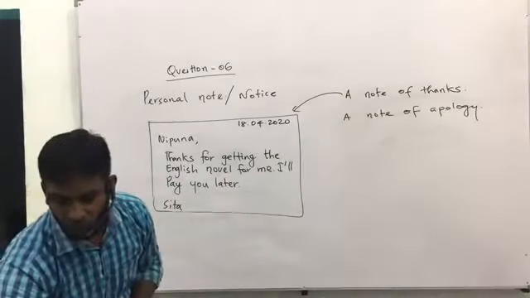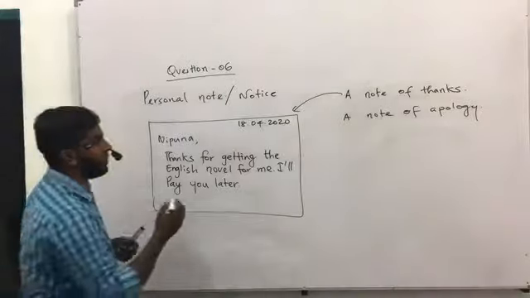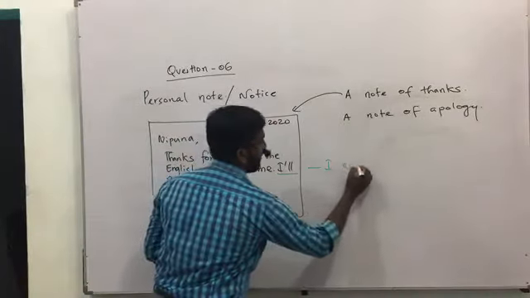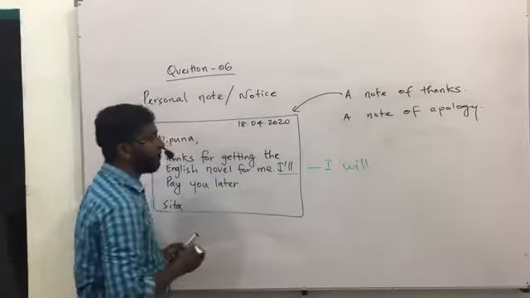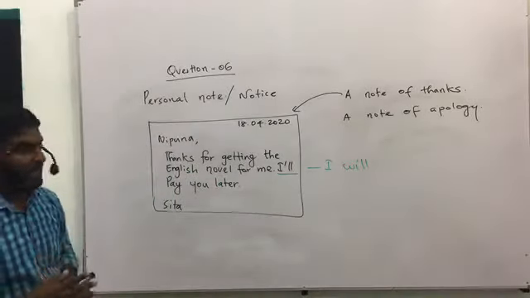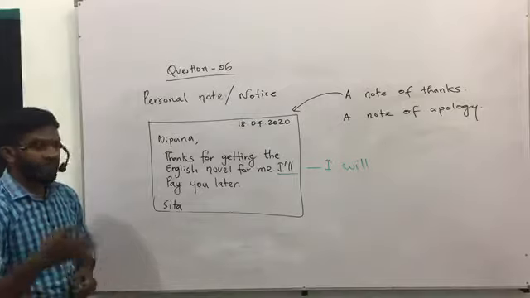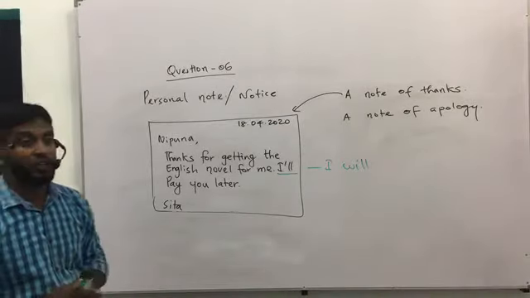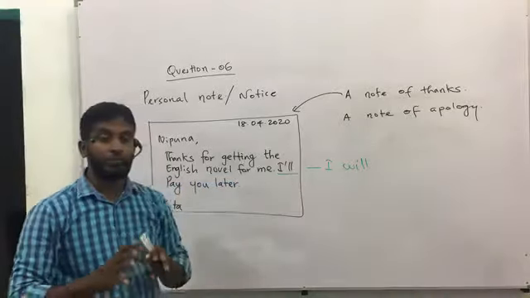Here I want to tell you, this is I'll. This is the contraction form of I will. So here in the personal note we can use contracted form, right? But you can't use the contracted form in the formal letter.